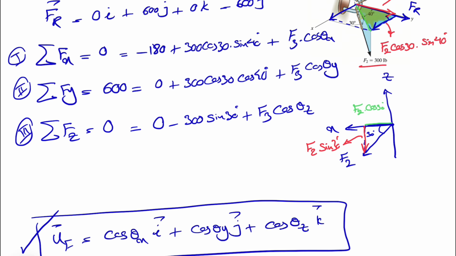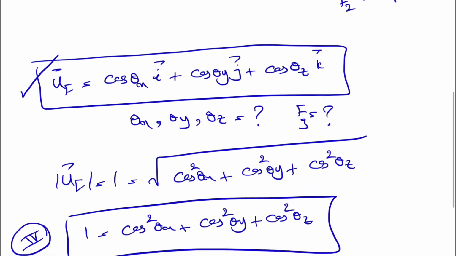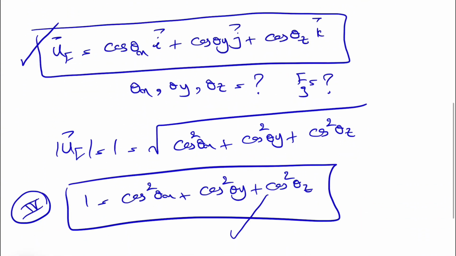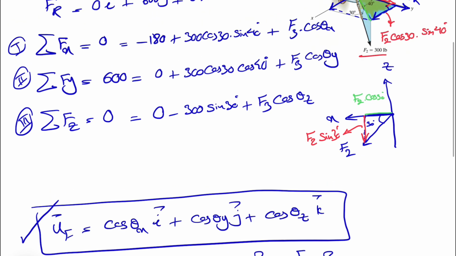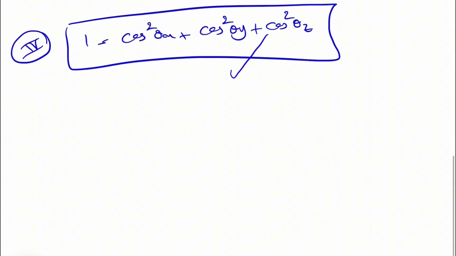For solving this, all we need to do is find cosine of theta x, cosine of theta y, and cosine of theta z based on F3, which from each equation we can do. And once we put it in here, we can find F3, and after that, with F3, we can find each angle.